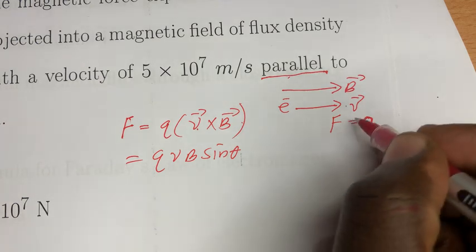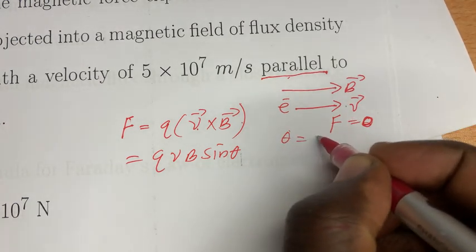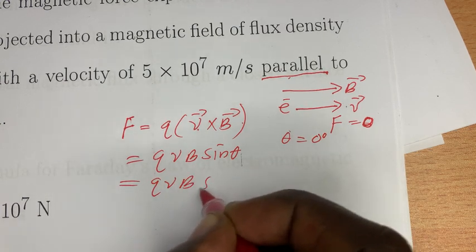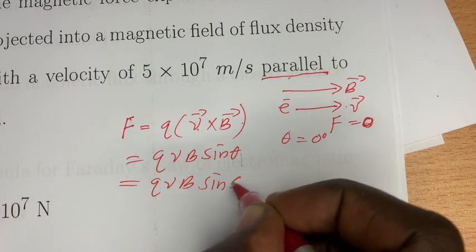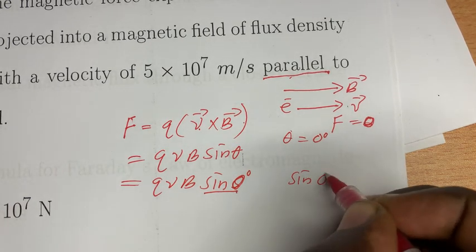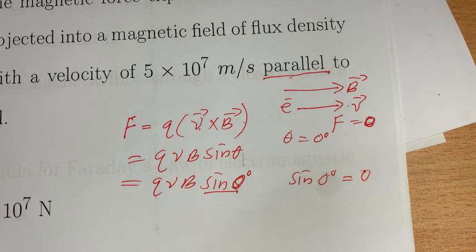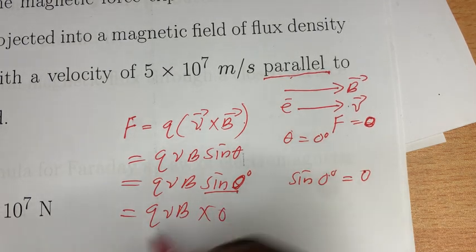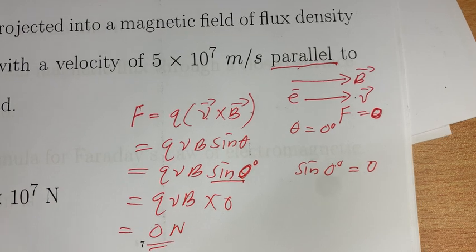Now if they are parallel to each other, your theta is 0 degrees. So this is equal to QVB sine 0 degrees. If you check your calculator, sine 0 degrees is 0. So this means you have QVB times 0, and this reduces to 0 Newton.